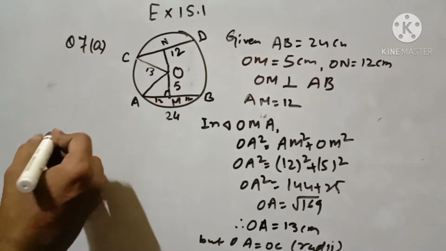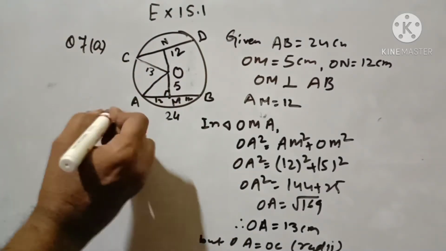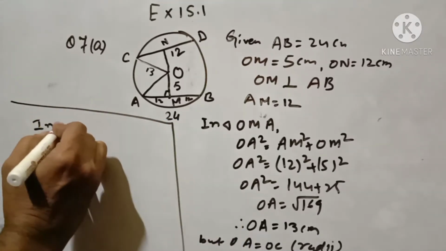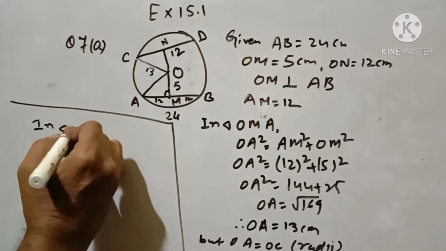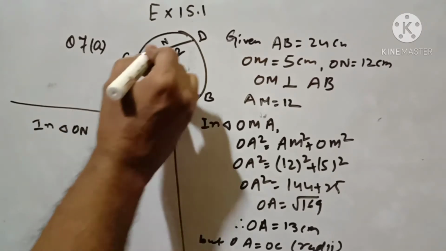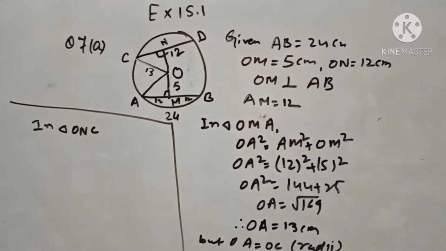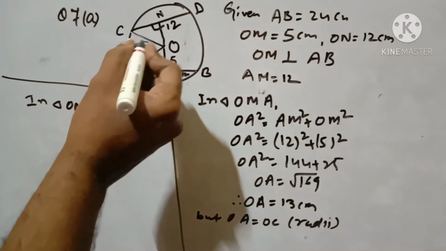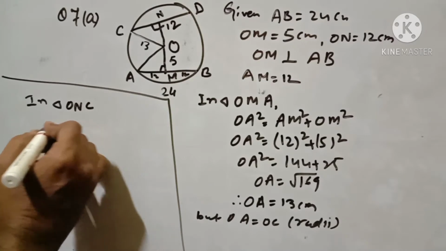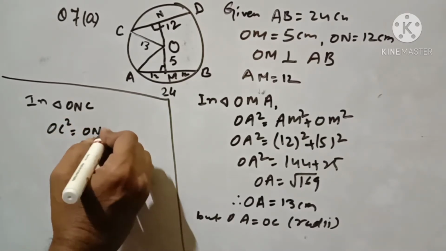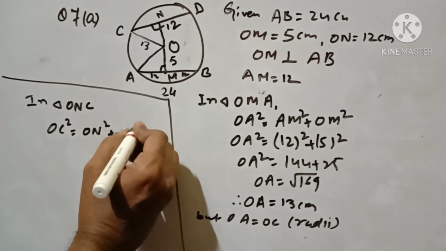Now in right triangle ONC, OC square equal to ON square plus CN square.